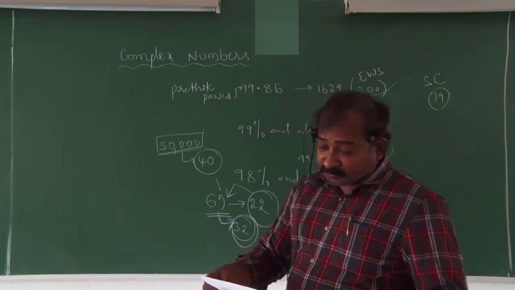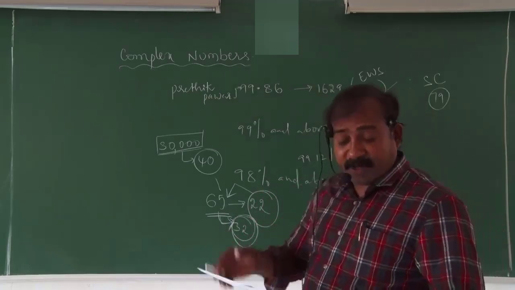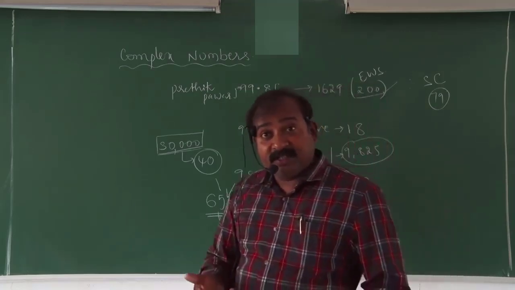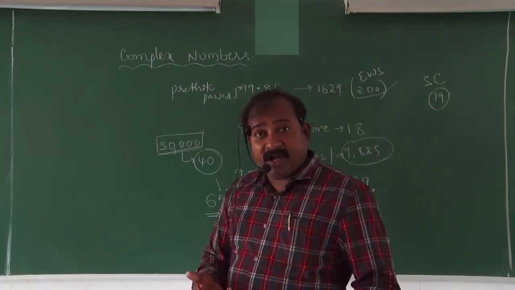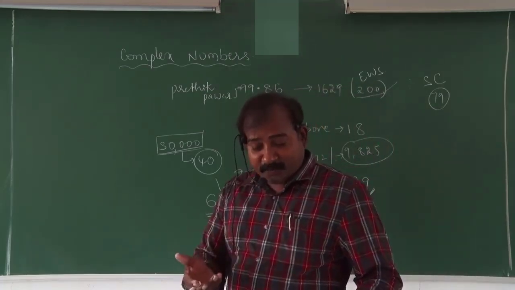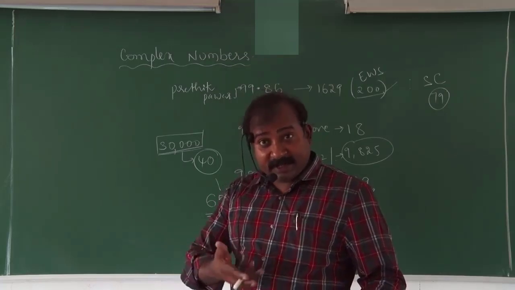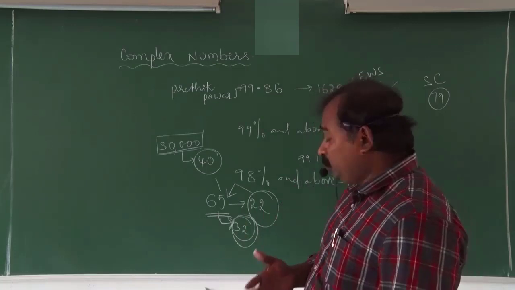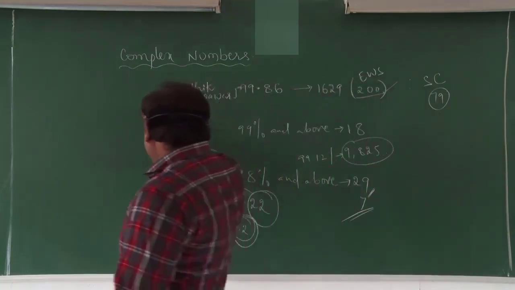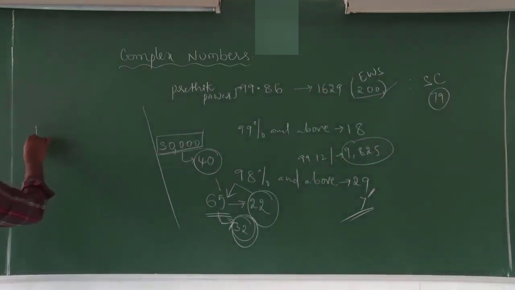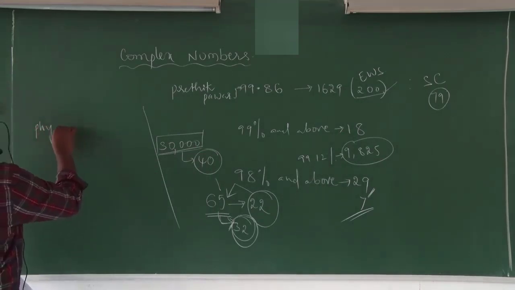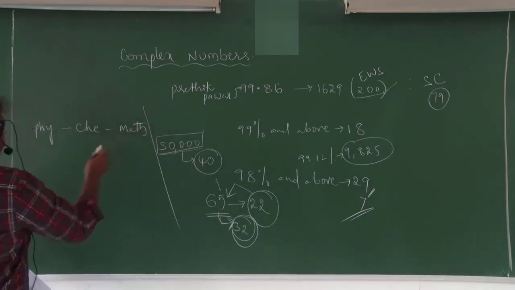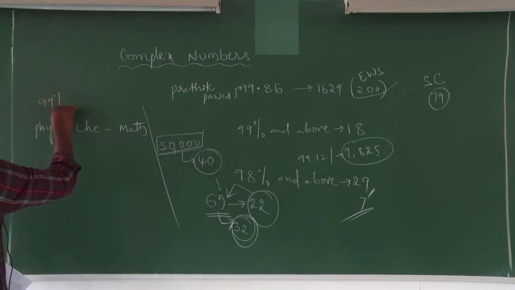Now I did more analysis here. How many got 99 percentile and above in physics, in chemistry, and in maths? Here is physics, this is chemistry, and this is maths, subject-wise 99 percentile.